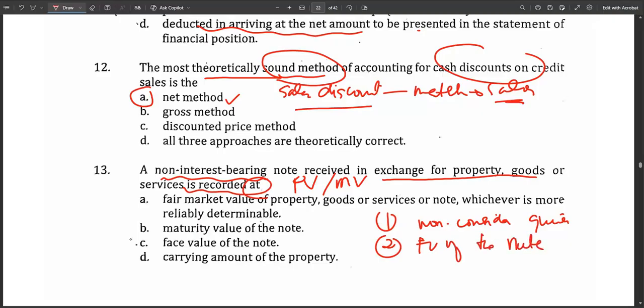And the third, there's no third actually, it's the face value. So in here, the answer is letter A: fair market value of the services or the note, whichever is more reliably determinable. In the hierarchy, if you go back to the theory, this is first; if this is given, it has to be followed.